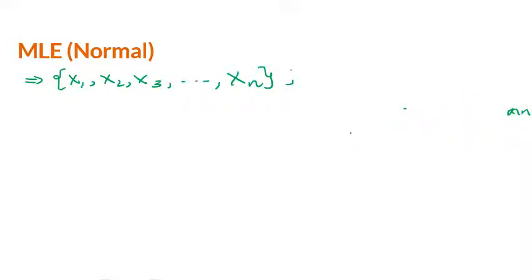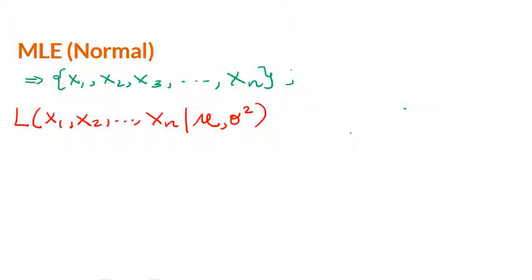So let's now write our likelihood function of x1, x2, up to xn given our mean mu and variance sigma squared, which are not known, so we estimate them.